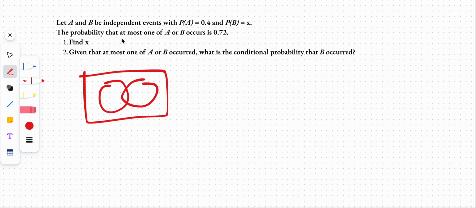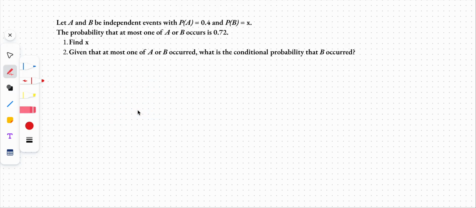Because it's at most, that means we can think of the probability that nothing occurs, or the probability that only A occurs, or the probability that only B occurs. So what we're left with is the intersection in the middle.